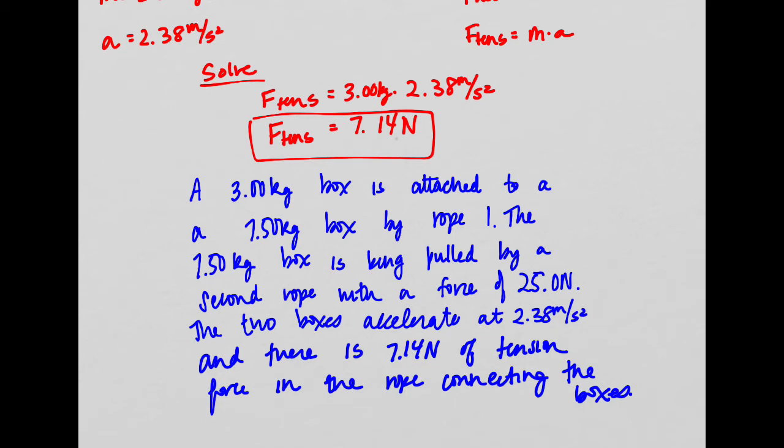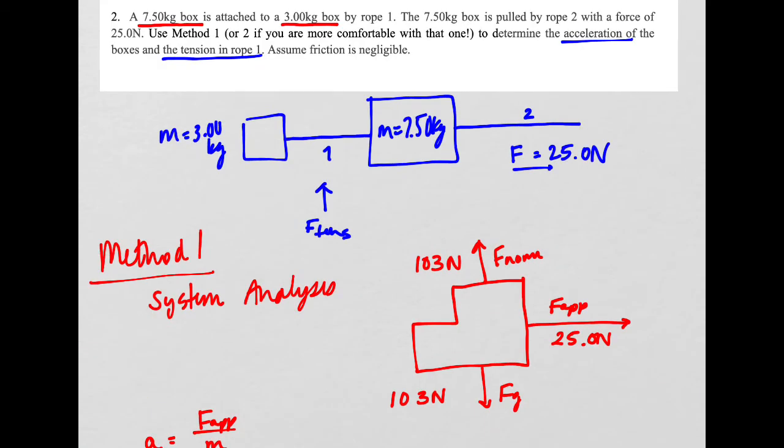Okay, so all these things that we've been doing so far, for example, I tell you to assume friction is negligible. Well, if we're pulling these boxes on a surface, is friction negligible? No. We cannot just ignore the friction of a surface because every single surface has friction.